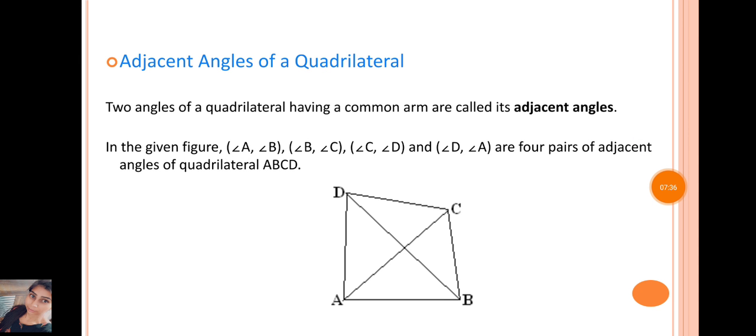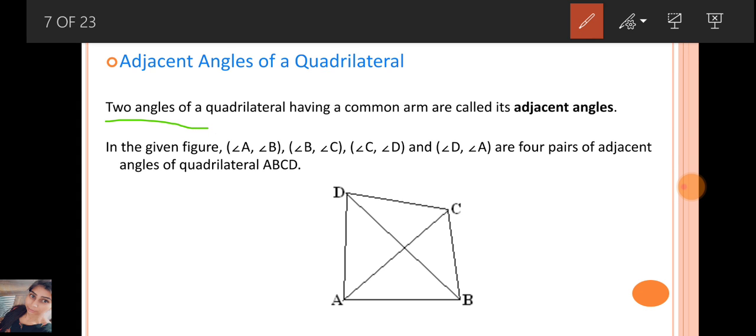So now we will understand what adjacent angles of a quadrilateral are. Two angles of a quadrilateral having a common arm are called adjacent angles. Let us understand this with the help of this figure.